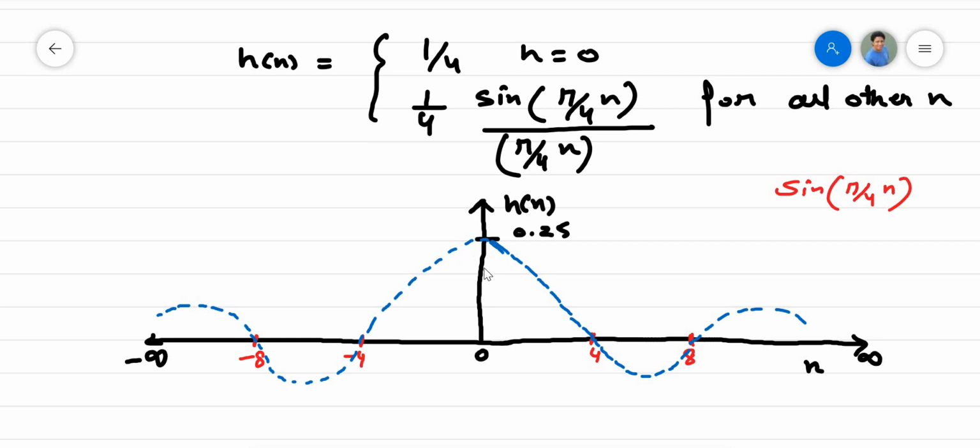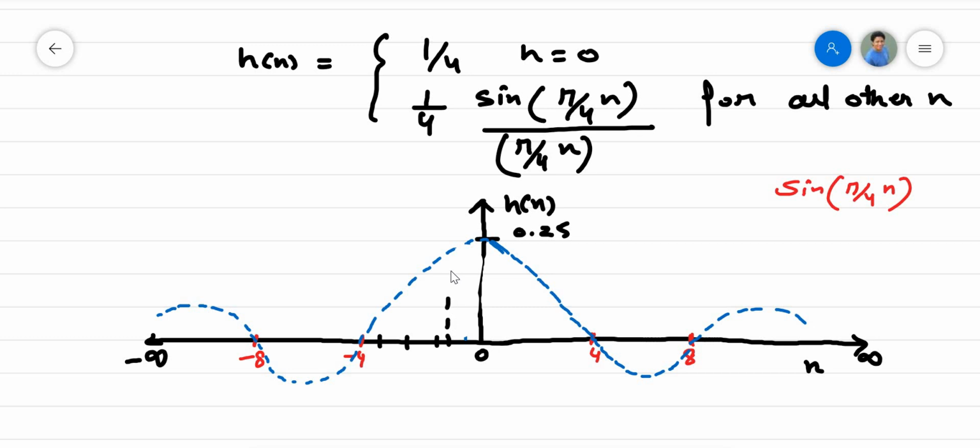So we will have this value at this particular position, n equals to 1, 2, oh sorry, I have drawn it too much. Actually there will be only 3 samples in between. So I'll just draw those 3 samples. So 1, 0, 1, 2, and 3.